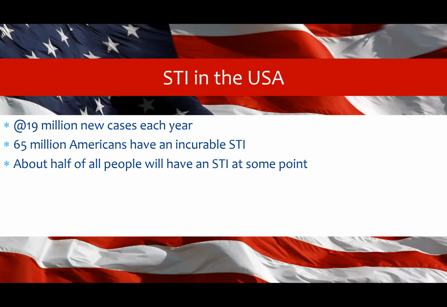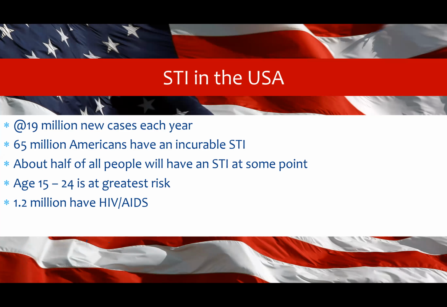About half of all people will have an STI at some point. Ages 15 to 24 are at greatest risk. Like I said, 1.4 million have AIDS and HIV, and women are at greater risk for STIs. Now that I dumped all that information on you, any questions or comments?